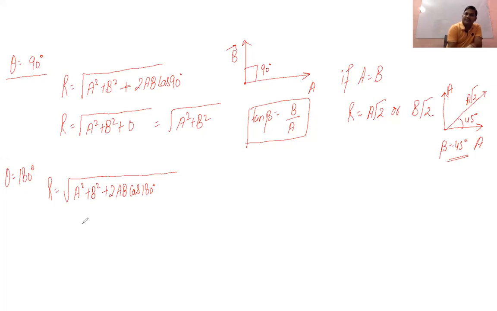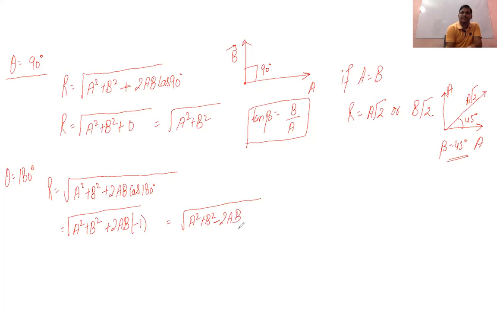Cos 180 is minus 1, you can put it here, and it will become A square plus B square minus 2AB.